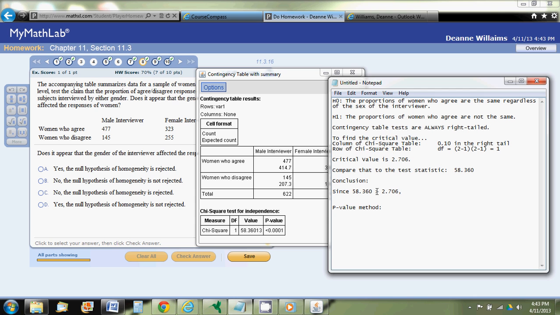It falls in a critical region. So that means that these two proportions do not appear to be similar, which means the interviewer may have some sort of influence on the respondents.